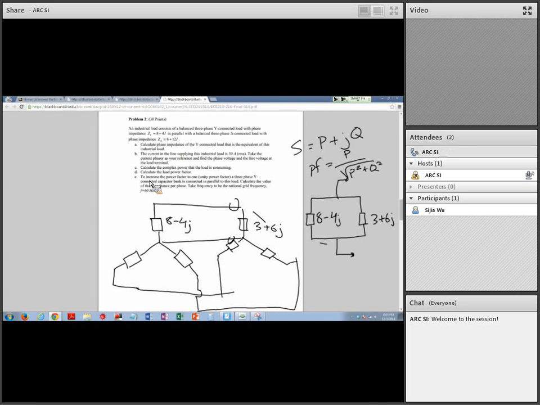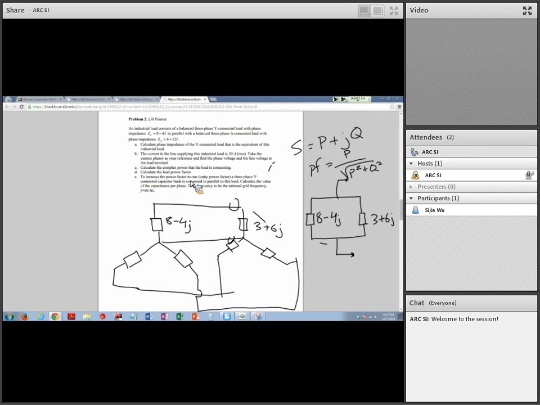To increase the power factor of the line, use a Y-connected capacitor bank. For unity power factor, you know that you have to make Q equal to 0. So minus Q is going to be the power of the capacitor. You know the voltage across the capacitor from V line-to-line or the V phase that you found over here.